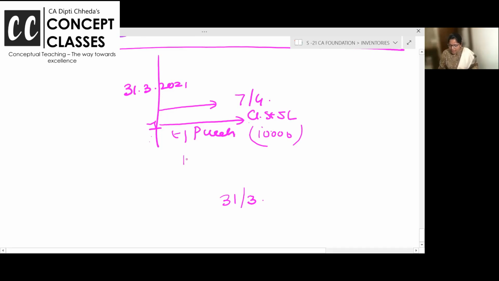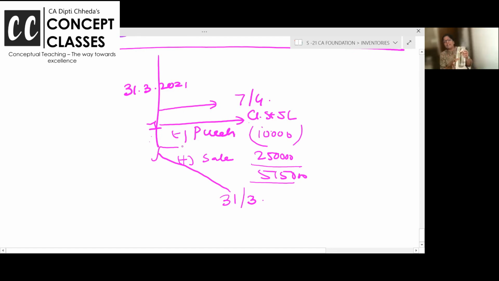And now add back if there is some sale, of course at cost. Say 25,000 goods were there on 31st, but they were sold. So add back. If you add back 25 and minus this, your stock is 5,15,000 on 31st March. Take your time.